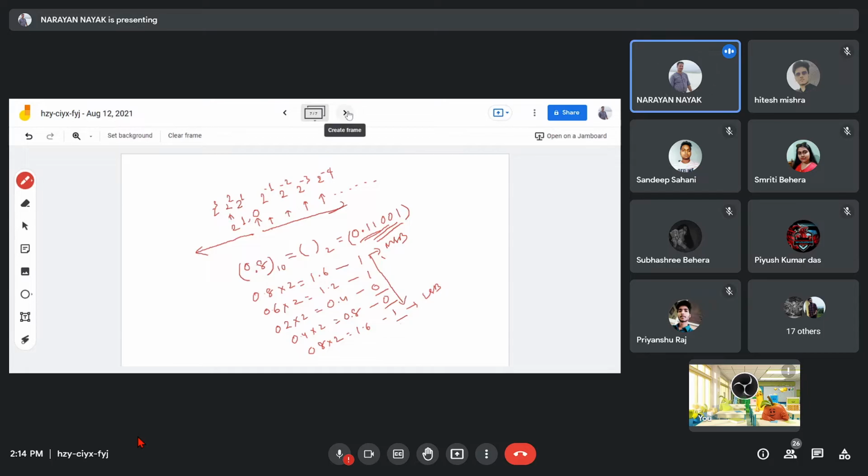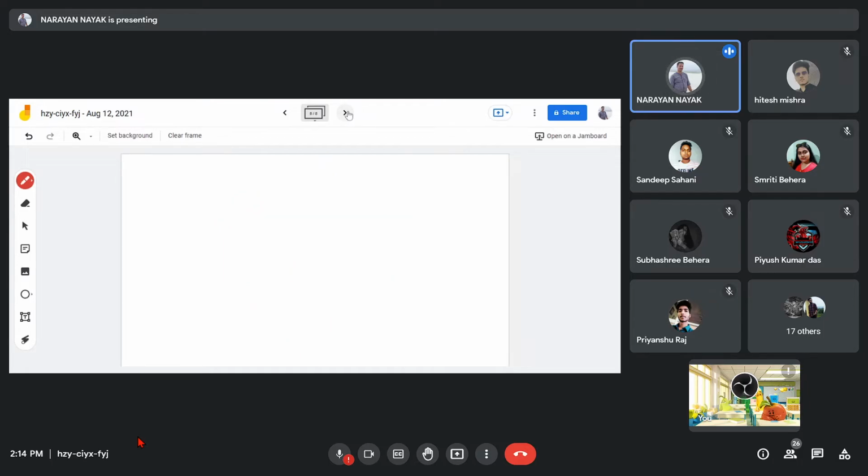Now, next thing, the combination of, suppose one example I'll give you. Let us say you are having 500.21. A simple example, it will be time taking.